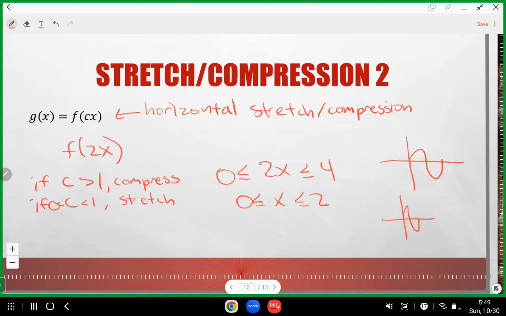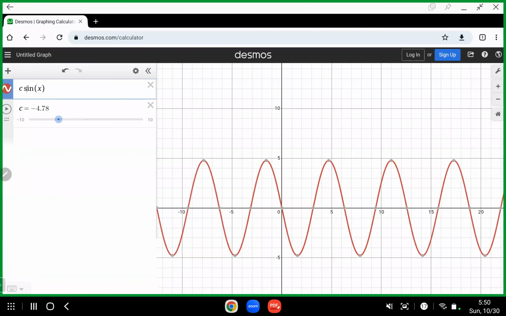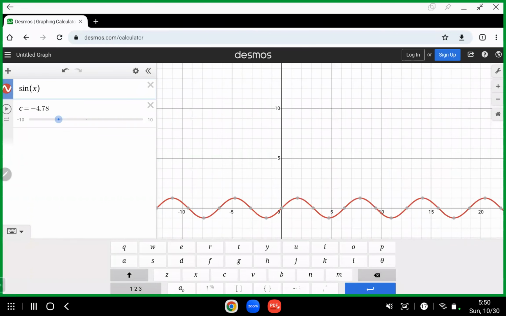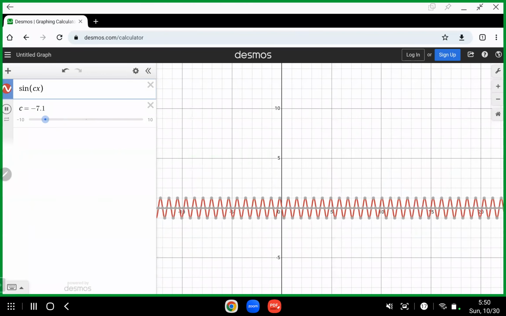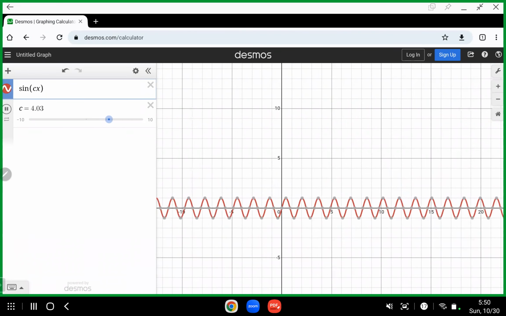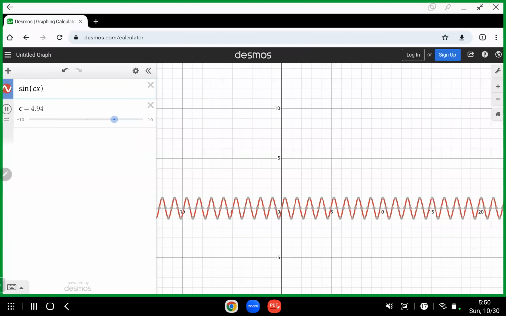Because if you get 1/2 of x, you can see that the domain is stretched by a factor of 2, right? Like that. Let's see on Desmos, okay? You can see it's like a spring, right? You stretch it horizontally.